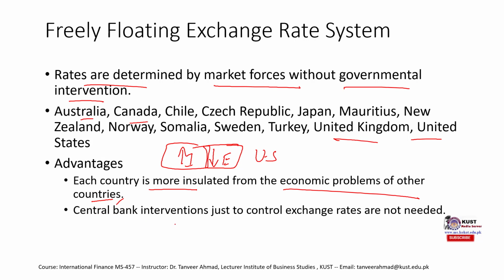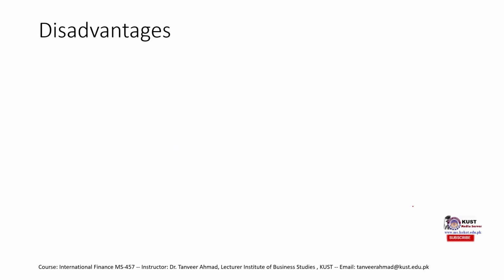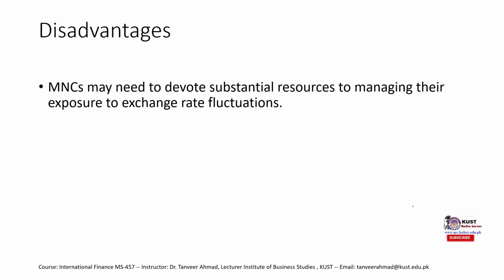The central bank intervention just to control the exchange rate is not needed. So this is one of the advantages, that the central bank's intervention is not needed, and they would not have to maintain high reserves. The disadvantage of free float is the advantage of fixed exchange rate, and in fixed exchange rate MNCs had no exchange rate risk, right?